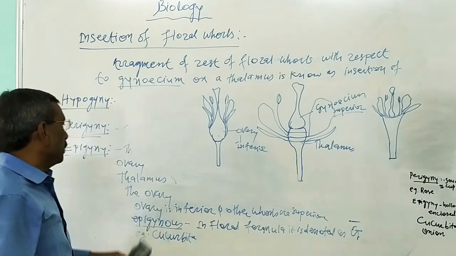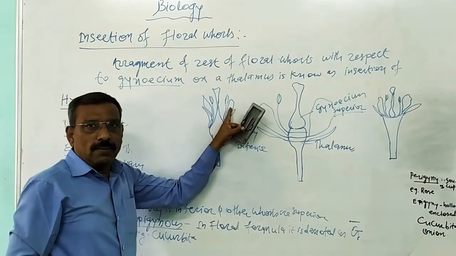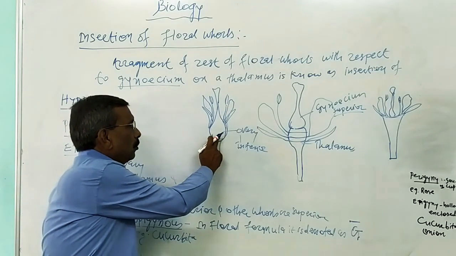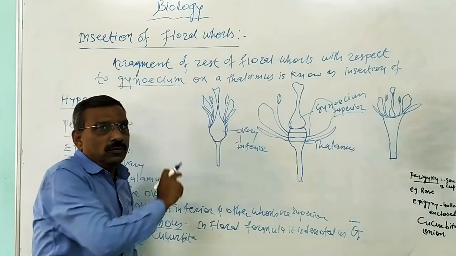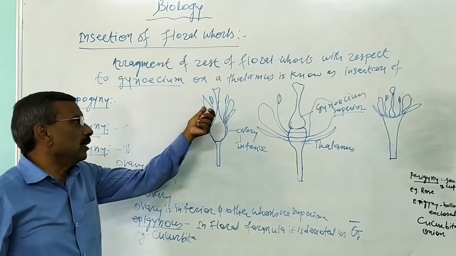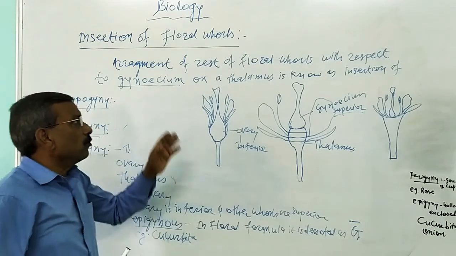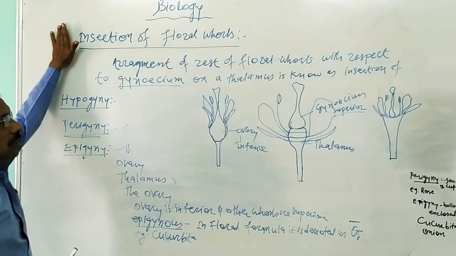The next one is epigyne. The other florals lie above and the ovary lies below. This condition is known as epigyne. The ovary is known as an inferior ovary and the outer florals are known as superior. In this way we have studied insertion of floral whorls.